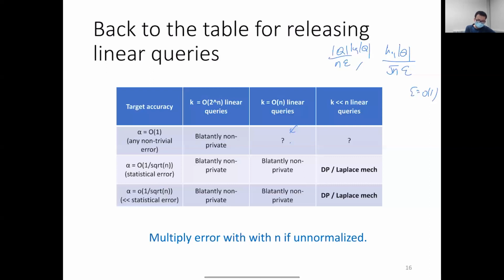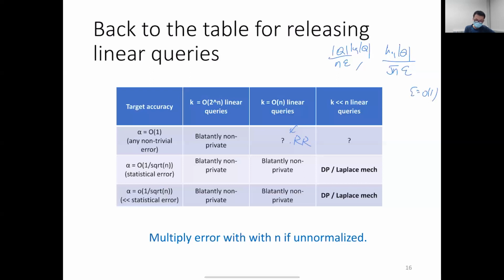If we just want a constant error and we want to answer order n linear queries, yeah, obviously we can do this, because if we use randomized response, then the query space is only n. So we can even show that we can get errors of 1 over square root of n. So randomized response applies here.